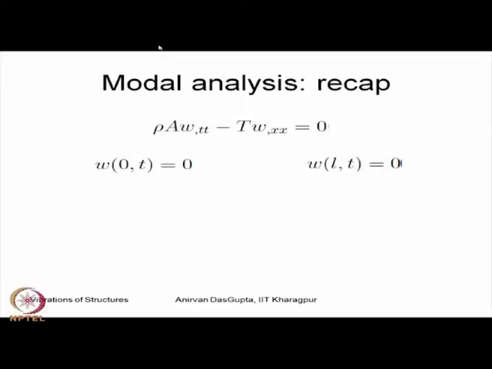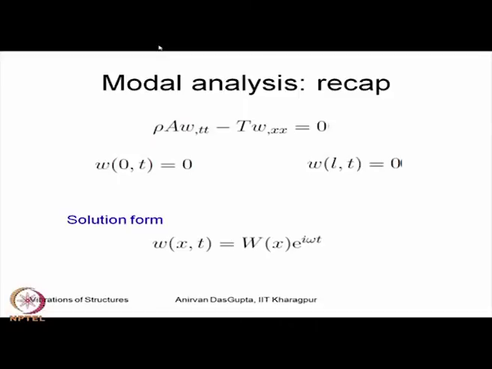Now, we assumed a solution which had the structure like this. We had a space dependent amplitude function multiplied by a harmonic function which is in the complex form, and we can take either the real part or the imaginary part or a combination of these two parts, as we have already discussed.